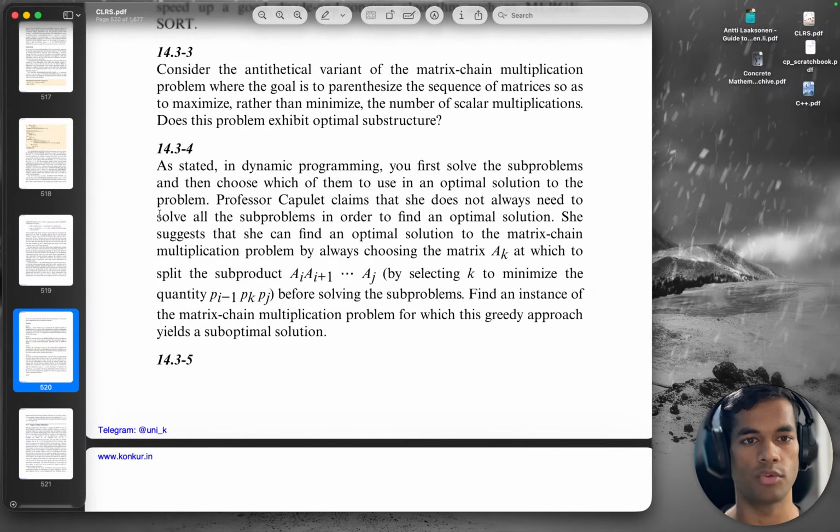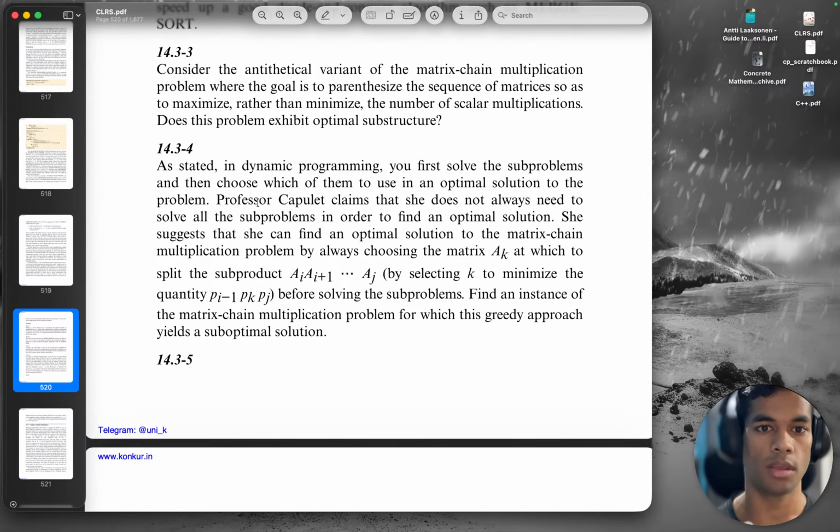And now the second last question. As is stated in dynamic programming, you first solve the subproblems and then choose which of them to use in an optimal solution to the problem. Professor Capulet claims that she does not always need to solve all subproblems in order to find an optimal solution.